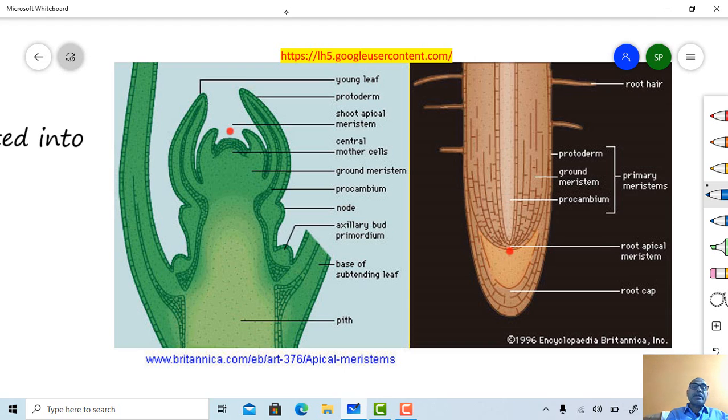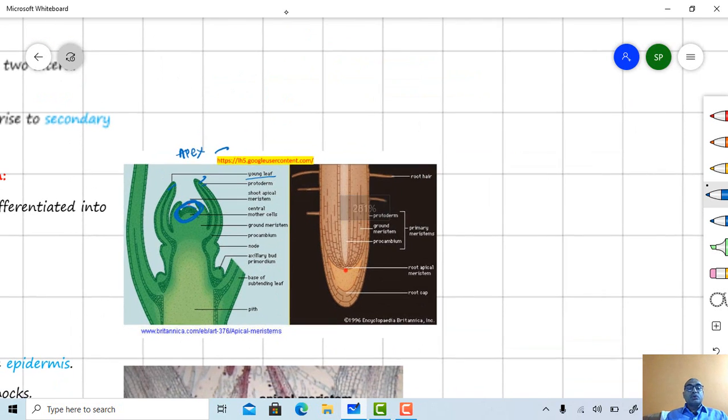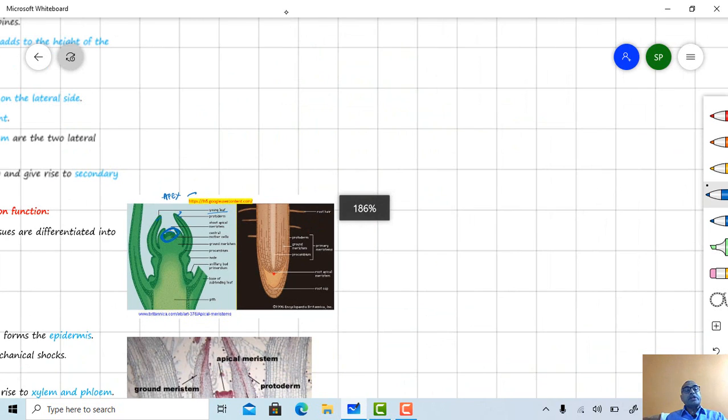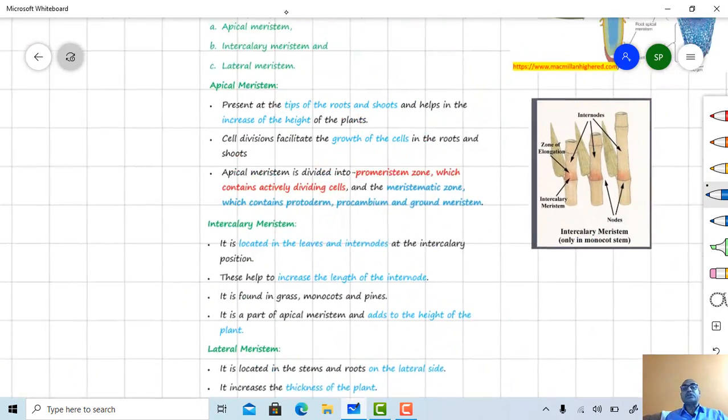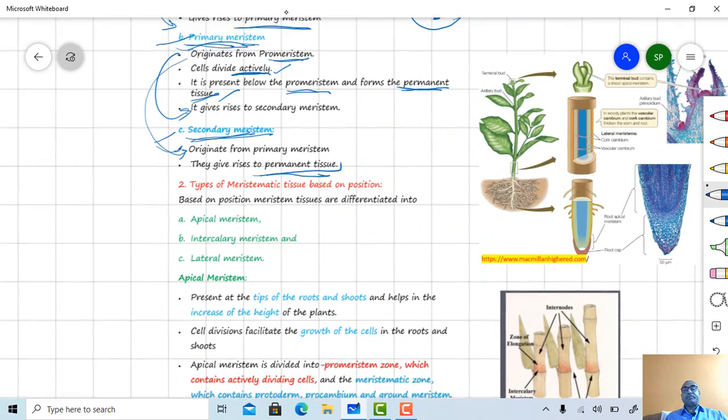This is the apical part, apex part of the stem, and these are the young leaves. These are called leaf primordia. And this is a portion which is called the promeristem. So the promeristem gives rise to the primary meristem, which gives rise to the secondary meristem.